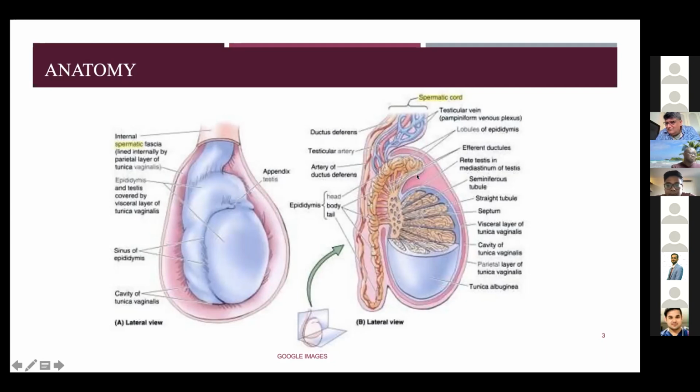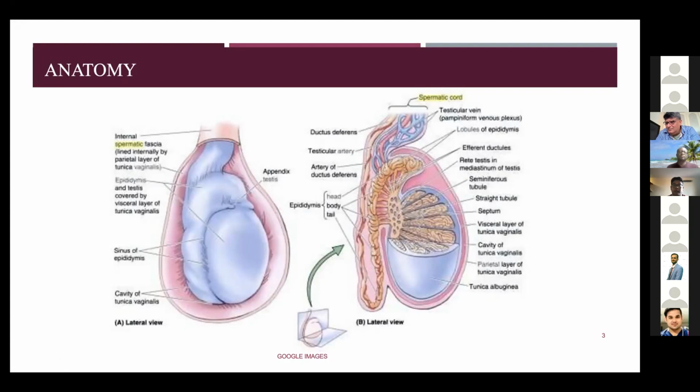And the epididymis is a highly coiled structure that extends from the posterior superior aspect of the testicle, and it has a head, a body, and a tail. It continues as the ductus deferens into the spermatic cord. Talking about the blood supply of the testes, the arterial supply is from the testicular artery, whereas venous drainage is from the pampiniform plexus.